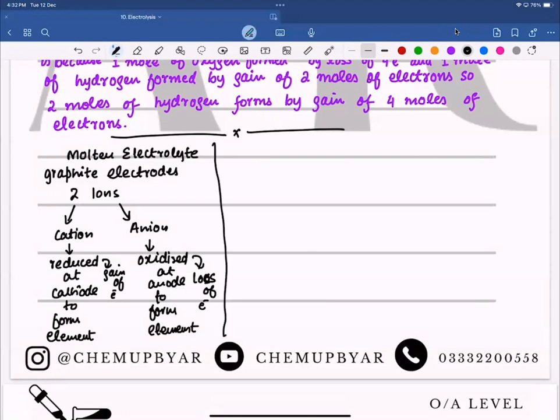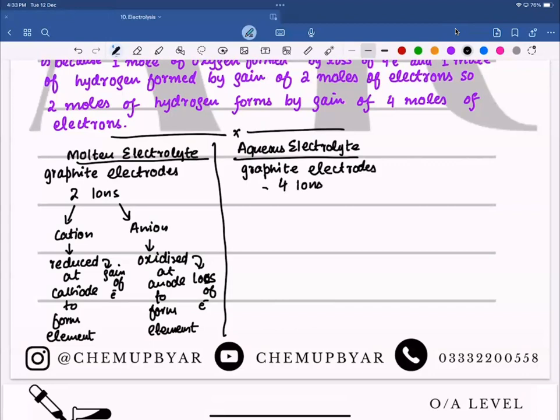Then the second case was aqueous electrolytes. Here again, in aqueous electrolyte, graphite electrodes are used. Now we get 4 ions: 2 cations, positive ions, and 2 anions, negative ions, right?